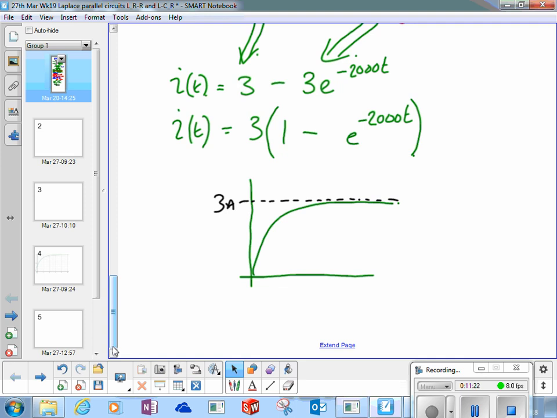Now a parallel and a series circuit. I'll go through one of each, and I'll give you one to do as well.